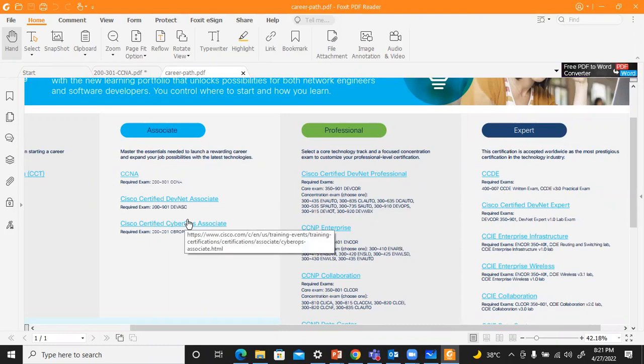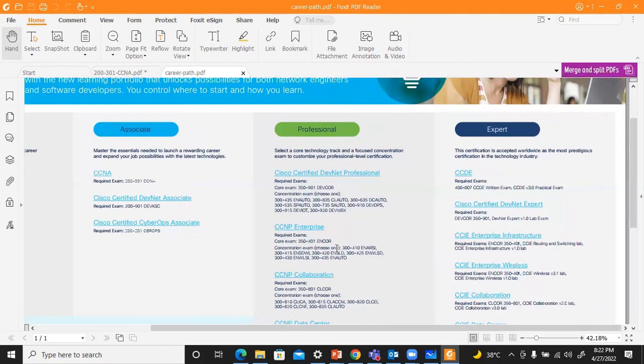If you want to go for the composite CCNA, that is the fundamental course, you can go for the CCNA 200-301. If you want to specifically choose DevNet and CyberOps, then you can select those as well. That is 200-901 for DevNet and 200-201 for CyberOps.